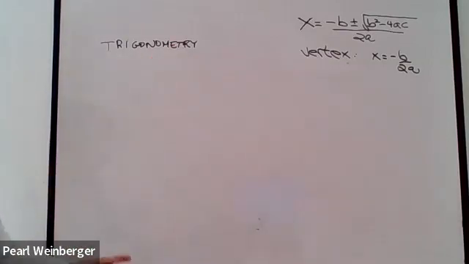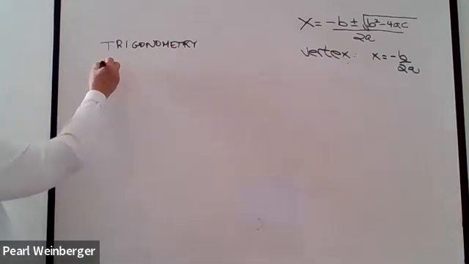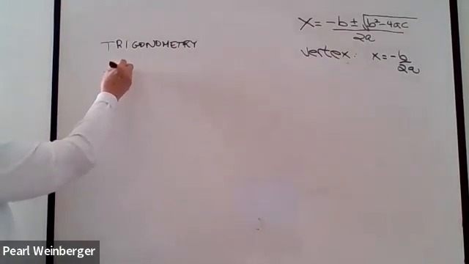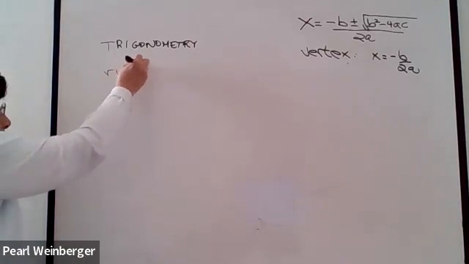So it has something to do with 3, and it has something to do with measurements. What you're really studying is triangles, which are 3-sided figures, and the measurements of parts of a triangle. Specifically, the type of trigonometry we're going to be doing is something called right triangle trigonometry.